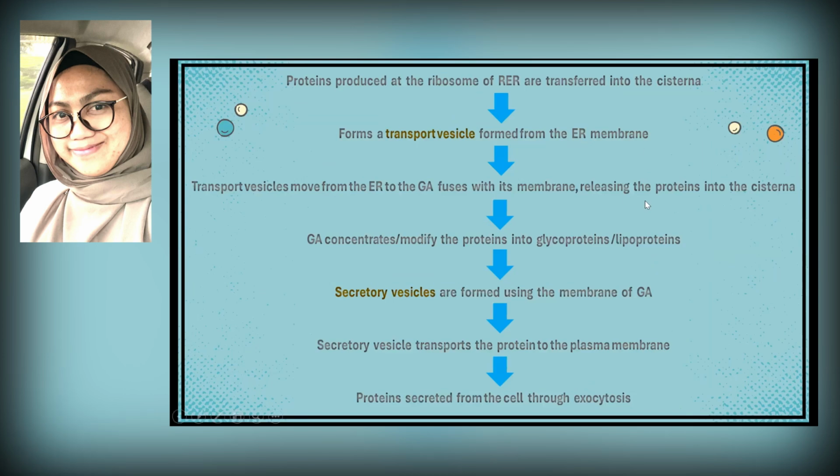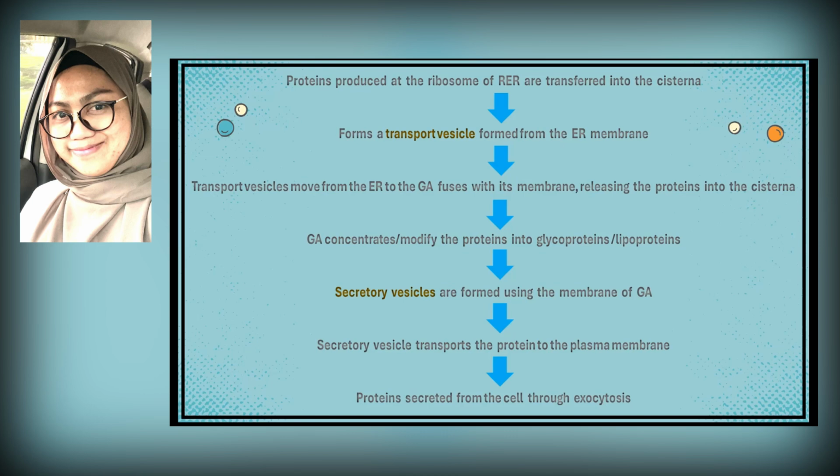So this is how protein is produced in the rough endoplasmic reticulum. Firstly, the protein produced at the ribosomes of the rough endoplasmic reticulum is transferred into the cisterna. It will form a transport vesicle from the ER membrane. Then the transport vesicle moves from the ER to the Golgi and fuses with its membrane, releasing the protein into the cisterna.